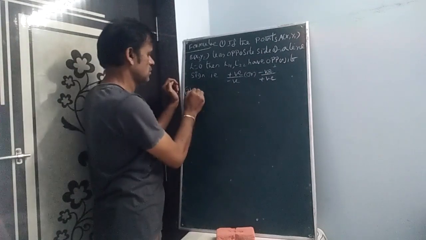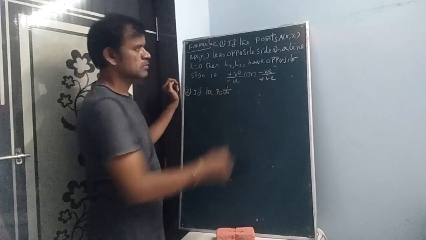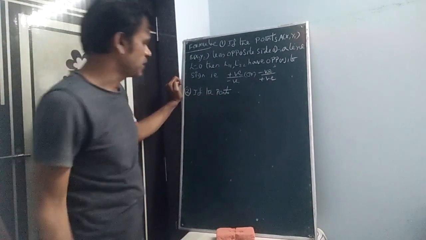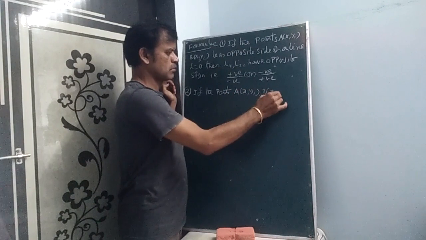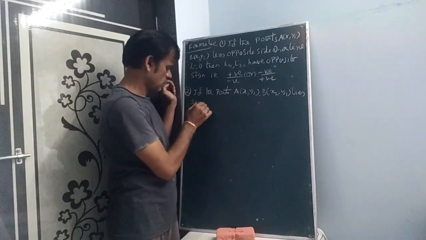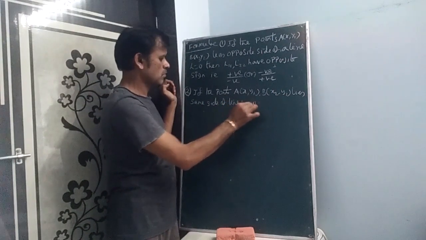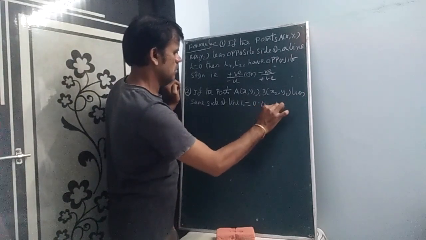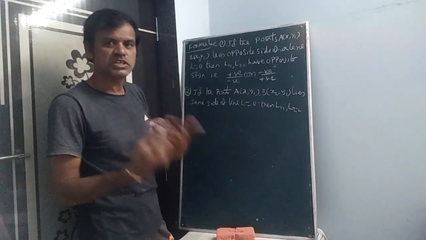Second formula, if the same points A x1 comma y1 and B x2 comma y2 lie on the same side of line L equal to 0, then L11 comma L22 have same sign.